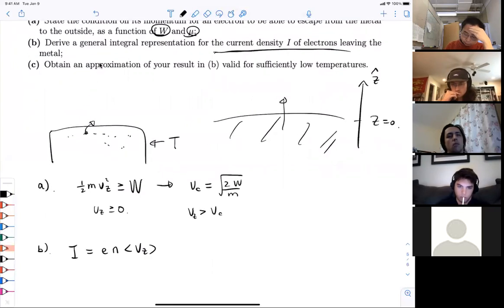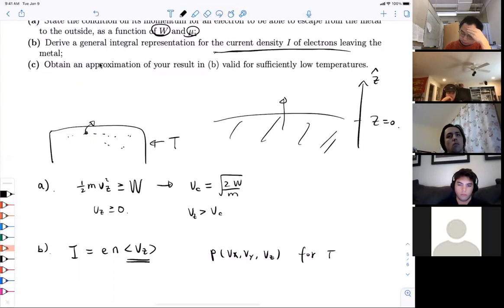So we only need to calculate this average velocity. To calculate the average velocity, we need to first figure out the distribution for this velocity for the Fermi gas, right?